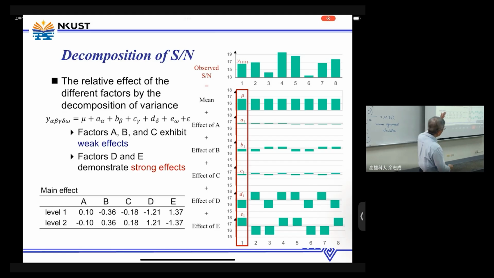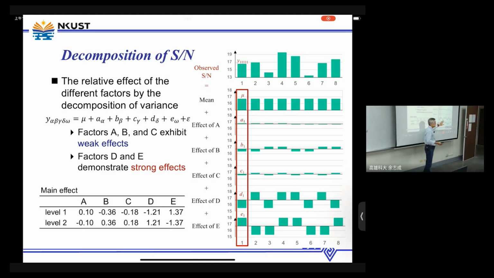Simply looking at these figures, you can understand the influence of A. Effect A changes from A1 to A2; this is A1, this is A2. B goes 1, 1, 2, 2, 1, 1, 2, 2, and similarly for the rest. This is similar to the effect plot.